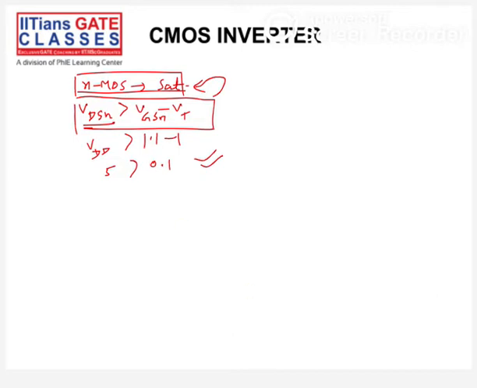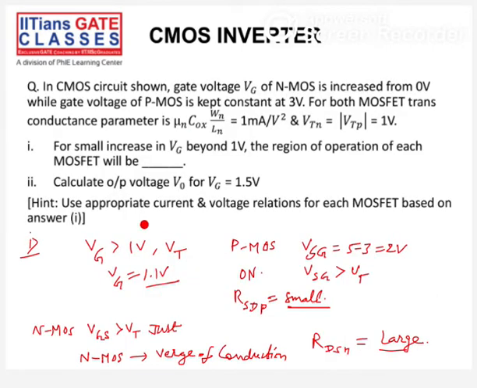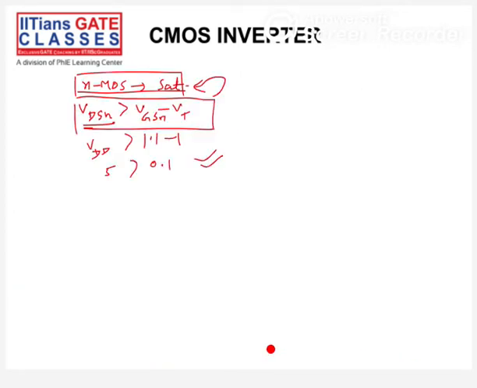So based on this, we can answer our first question that they have asked here. Now the second is to calculate the output voltage, V output, for VG equal to 1.5 volt. Now I will take VG as 1.5 volt for the second case.